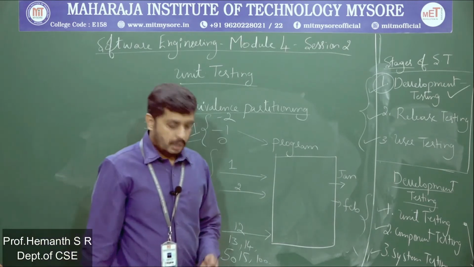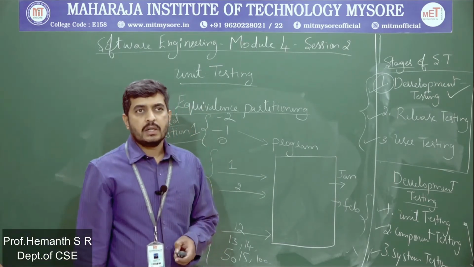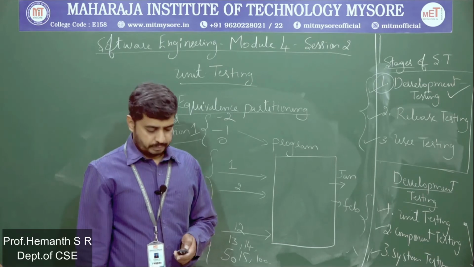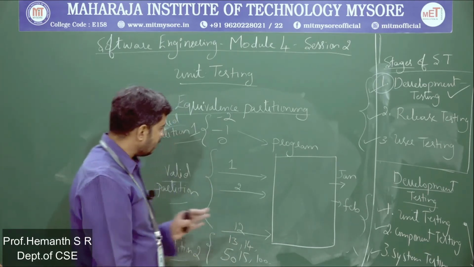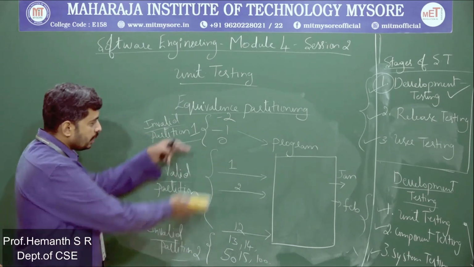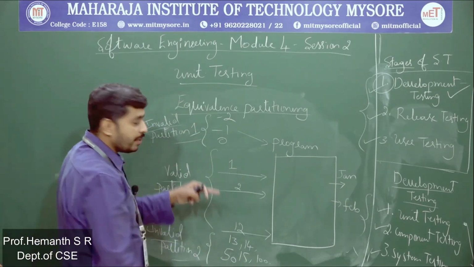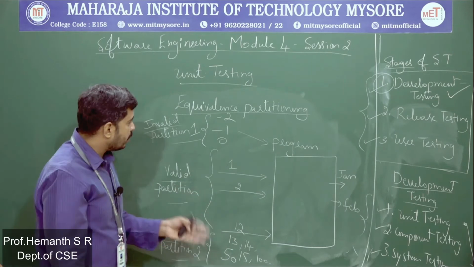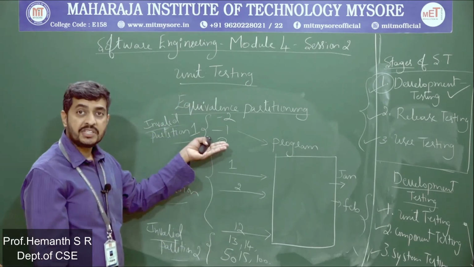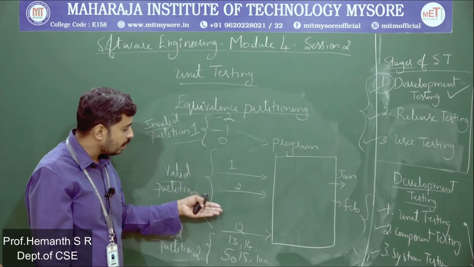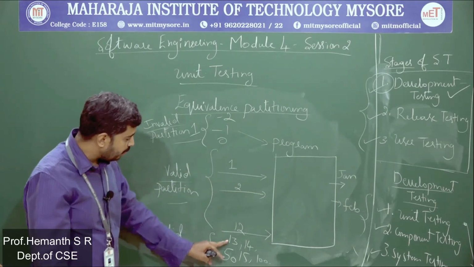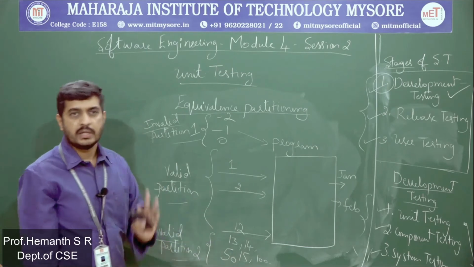Now what is equivalence partitioning? What exactly happens during equivalence partitioning? You can see these are the possible inputs that can be given. It can be negative in range, it can be valid input in the range of 1 to 12, or it can be invalid input from 13 to n.